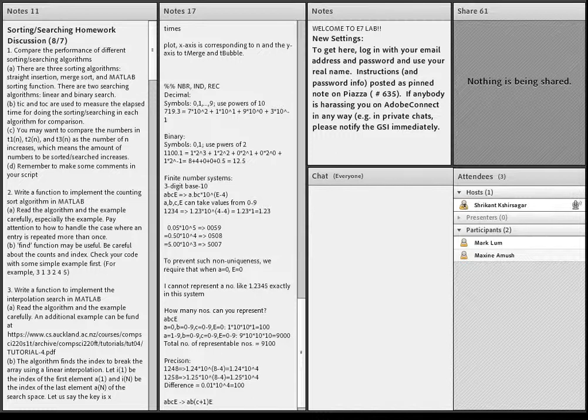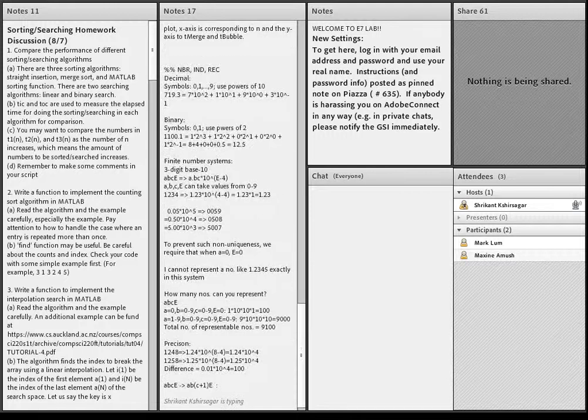So ABCE is ABC plus 1E, right? So the difference between these two will be simply 0.01. So actually let us look at what these numbers correspond to.